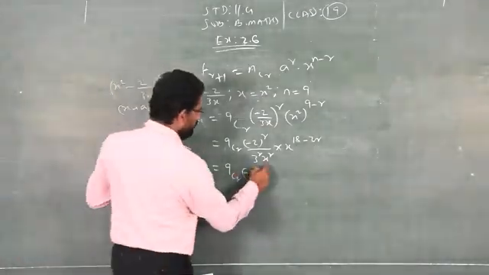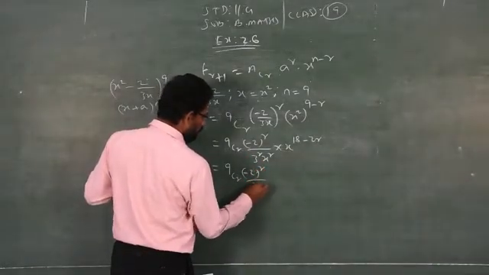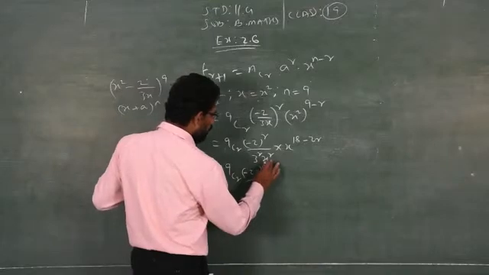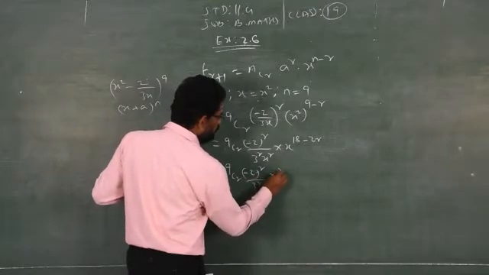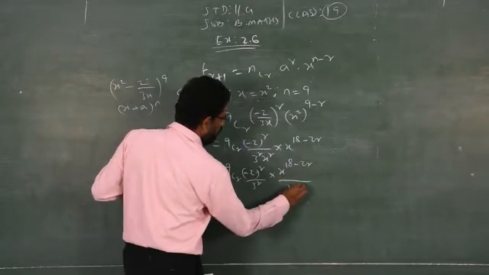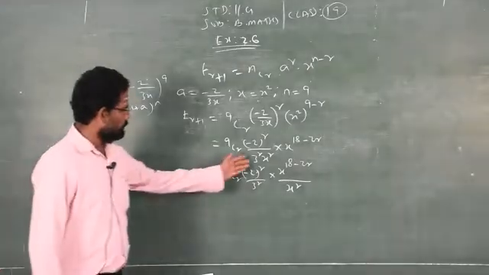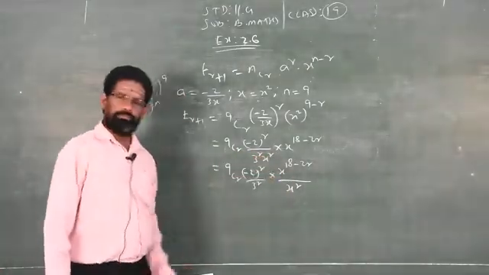Clear? So what is here x? So minus 2 power r, 3 power r, then this into x power 18 minus 2r by x power r. See, I just separate that x variable and I separate the r group.